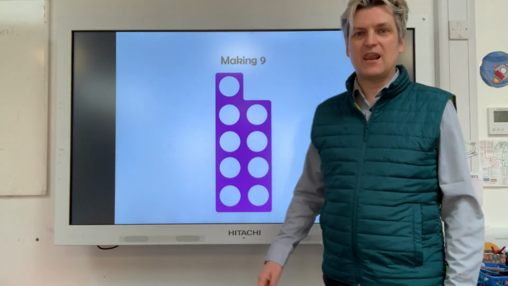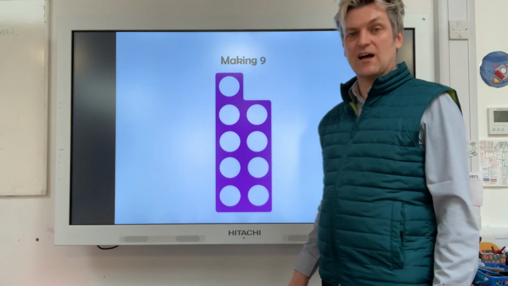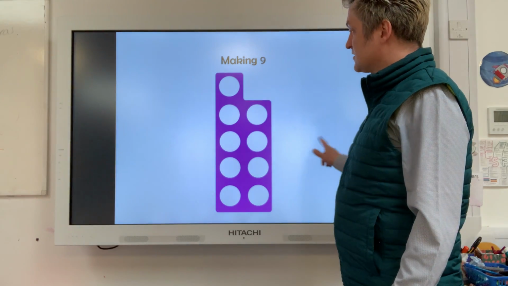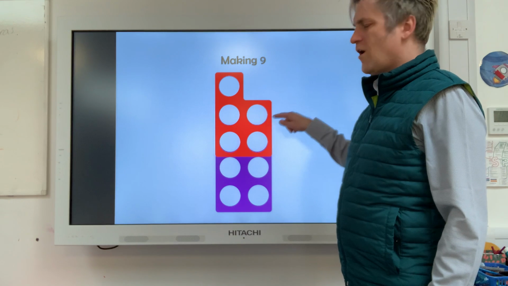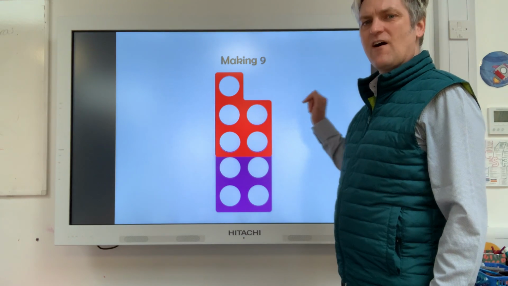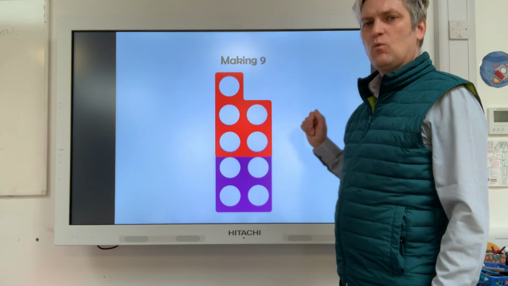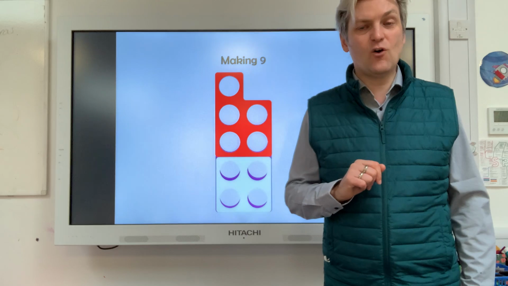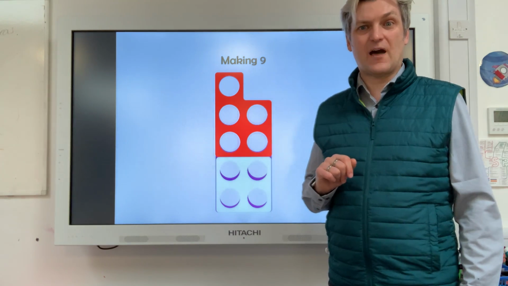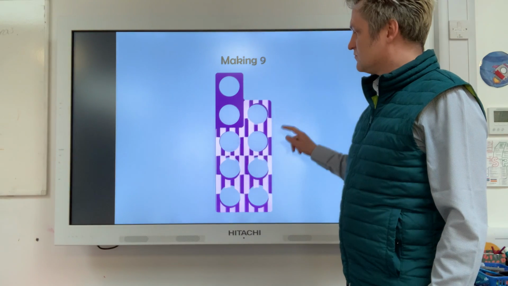Okay, let's have a quick think about how to make number 9, because we looked at 9 last week. Here it is. We're going to start with the 5. What else do I need to go with 5 to make 9? 5 and what? 5 and 4. 5 and 4, that makes 9. Here's 9 again.